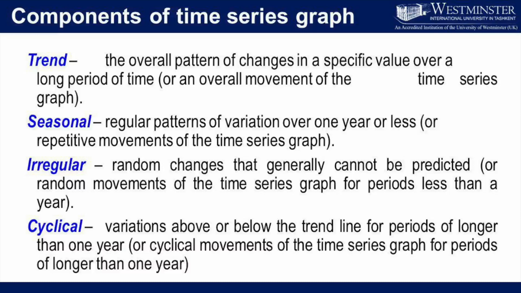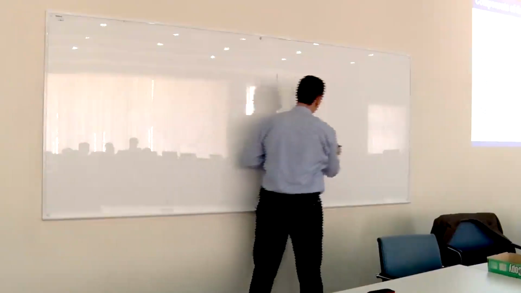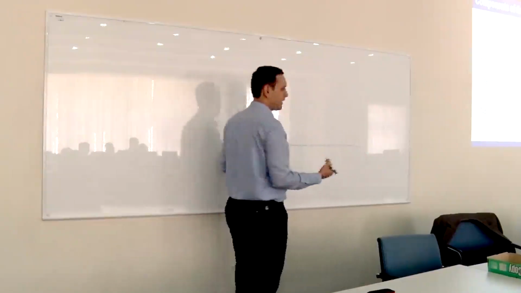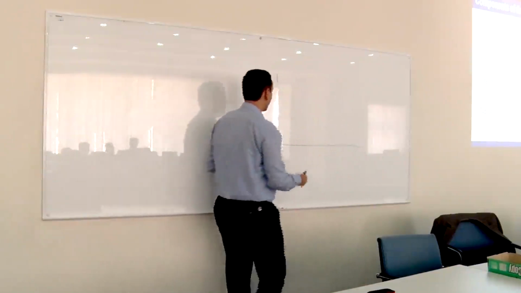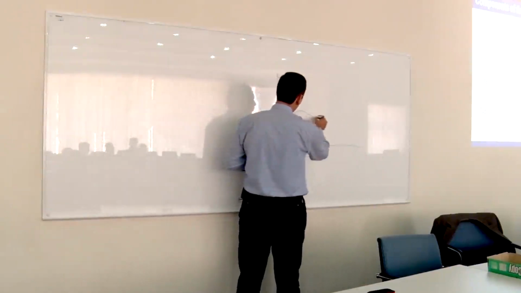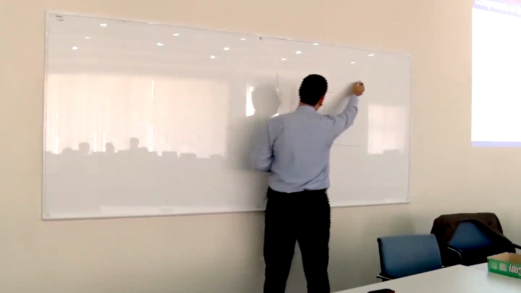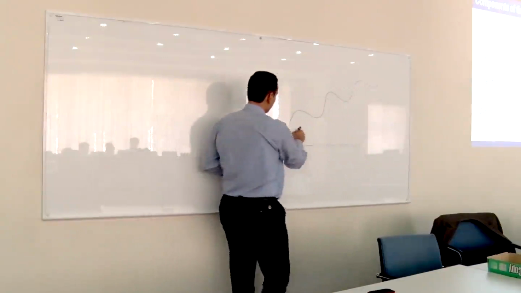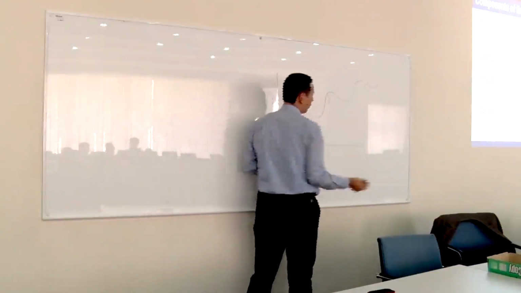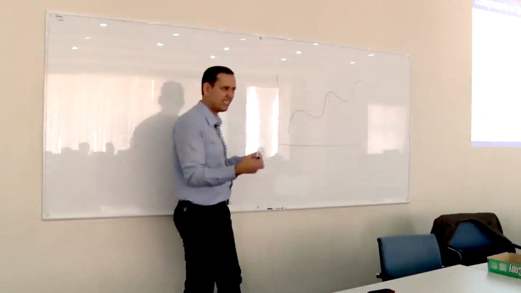Okay, and then you have seasonality or seasonal variation. Let's say this is the sales of something. Let's say sales of ice cream. The sales of ice cream go up, down, right? This fluctuation is called seasonality or seasonal variation.